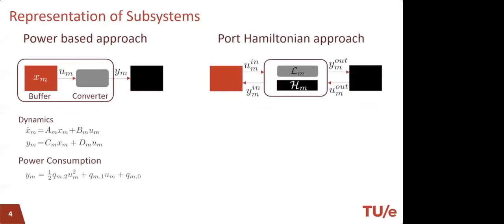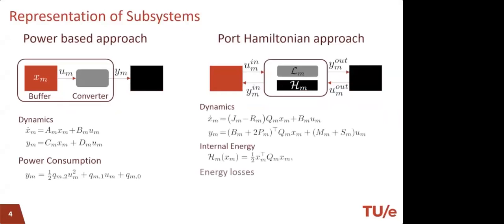In the Port Hamiltonian case, subsystems are completely described by this specific linear dynamical representation. Moreover, the internal energy and energy losses are derived directly from the parameters of this representation. Note that this does not happen for the power-based case, where the converter and buffer are often considered independent entities.